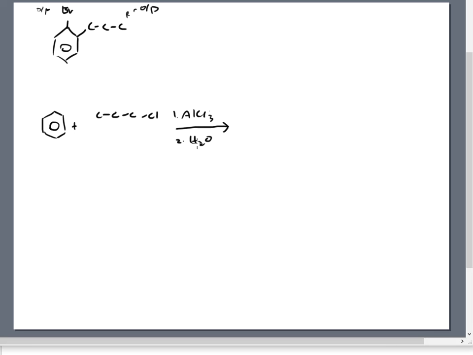And the answer is no water, because this is not a carbonyl. Okay, so if I do this, then I'm going to go, okay, fine. So I'm going to take this benzene ring, and then I get the freedom to put this alkyl group wherever I want to put it. So I'm going to put it here, here, and there, right? I mean, that matches the product.